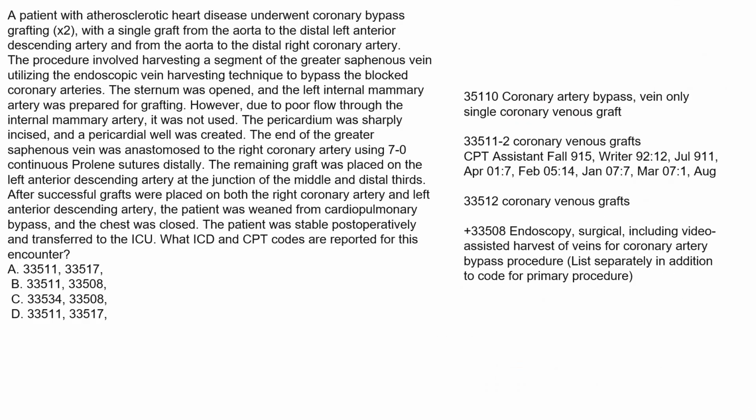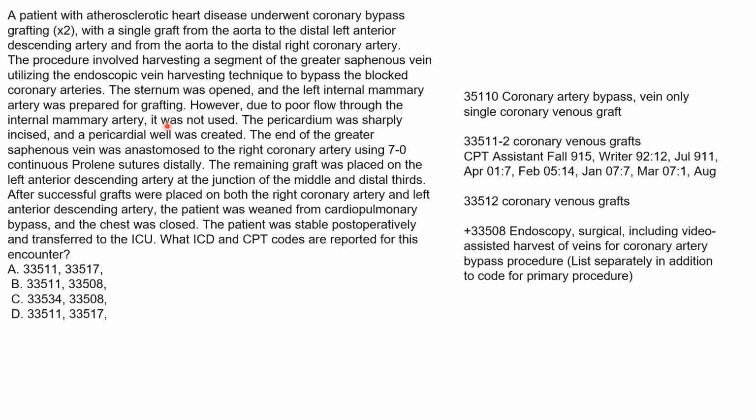Now, this is the operative report. A patient with atherosclerotic heart disease underwent a coronary bypass grafting with a single graft from the aorta to the distal left anterior descending artery and from the aorta to the distal right coronary artery. This procedure involved harvesting a segment of the greater saphenous vein utilizing the endoscopic vein harvesting technique to bypass the blocked coronary arteries.